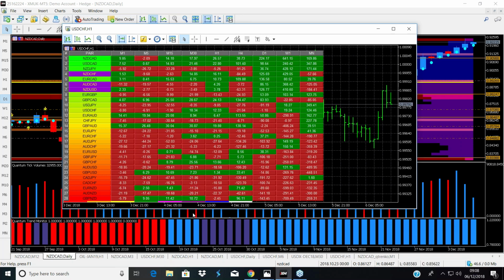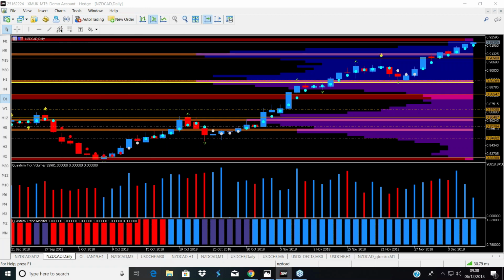And like all indicators, it doesn't matter whether they're proprietary, whether they're standard ones, all they do is they highlight a potential trading opportunity. And with the New Zealand Canadian, I'll just move that over there to the other screen, the volume profile under this particular pair has really been classic VPA, particularly over the last few days.